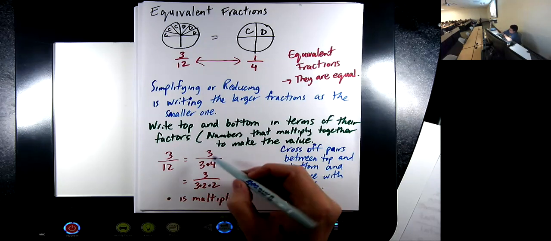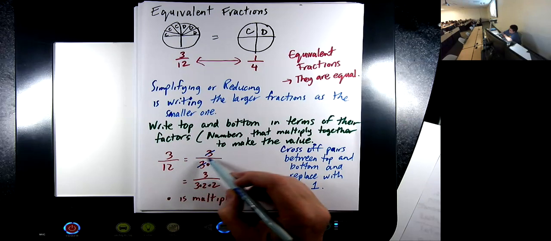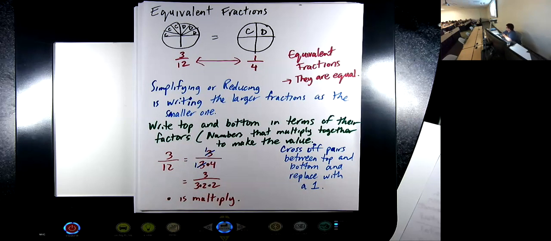So here I've got a 3 on top and a 3 on bottom. I can cross them off and I'm going to replace them with 1s.